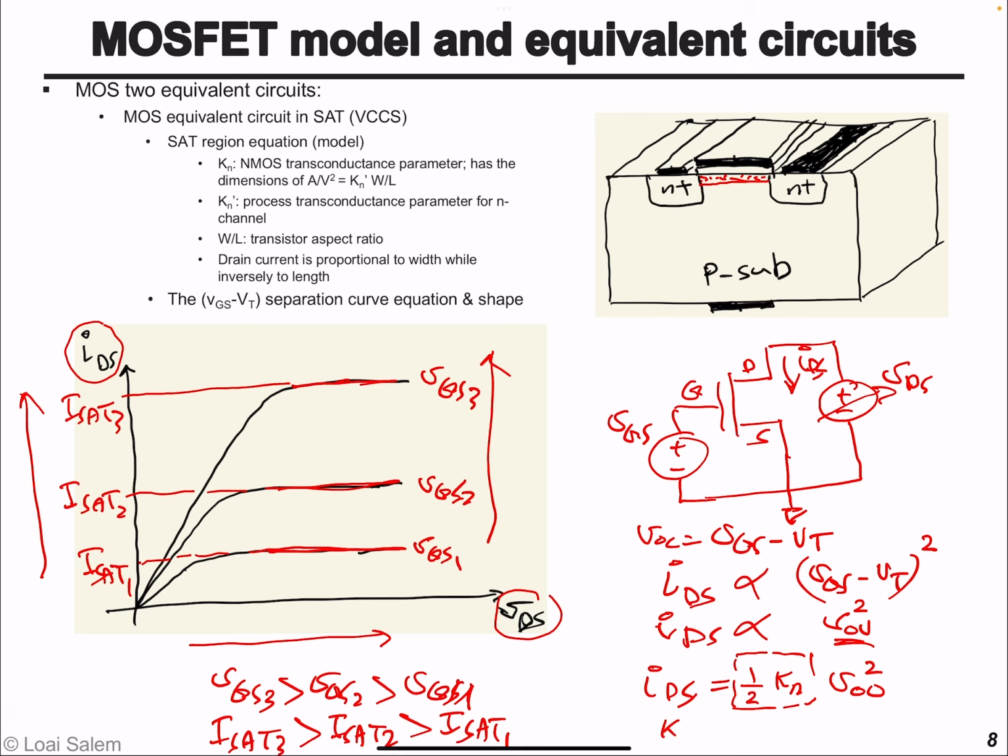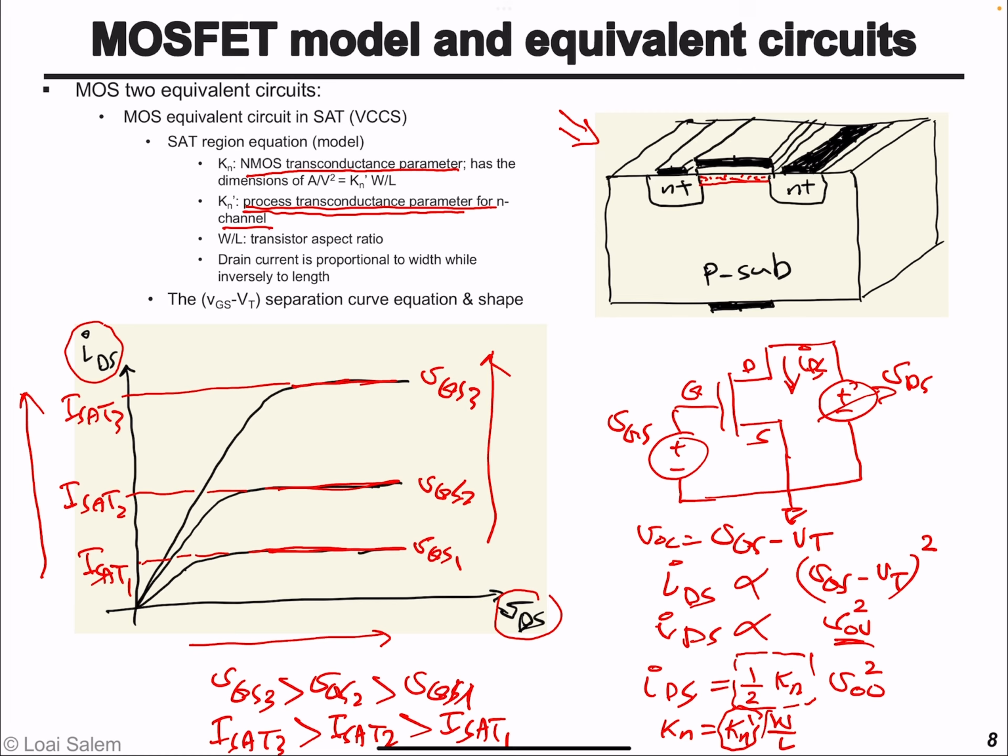Kn is called the NMOS transconductance parameter, and it's equal to Kn bar times W/L. Kn bar is called the process transconductance parameter. It's a parameter that depends on the manufacturing process that we are using to manufacture the NMOS transistor. So Kn bar is the process transconductance parameter for the N-channel MOSFET.